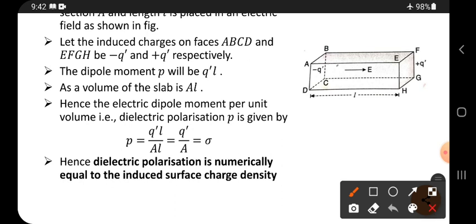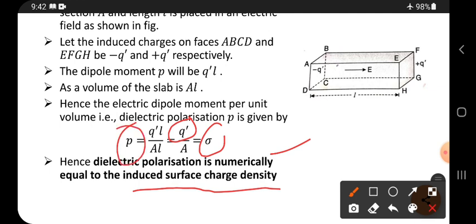Hence dielectric polarization is numerically equal to the induced surface charge density. These charges are induced charges, so this density is called induced surface charge density. So polarization is nothing but the induced surface charge density.